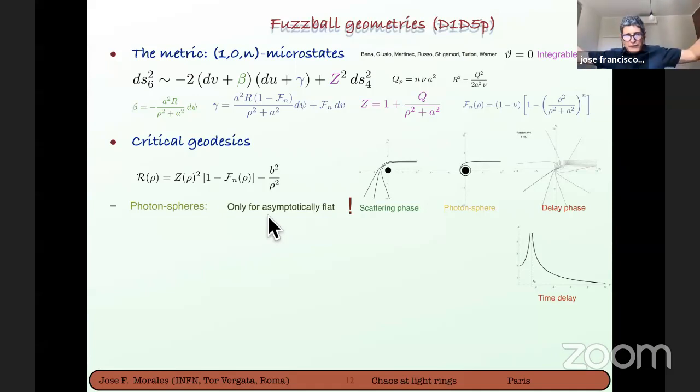If you are slightly away from infinity, you can then reach them. By the way, at the end of the talk, I can show you the picture from the paper with the asymptotically AdS geometry, and maybe you will understand better what I mean. You have photon spheres, and if you are slightly away from the boundary, you can reach them, also in the AdS geometry.